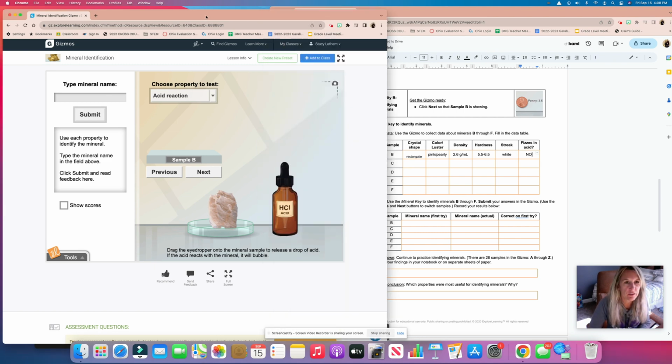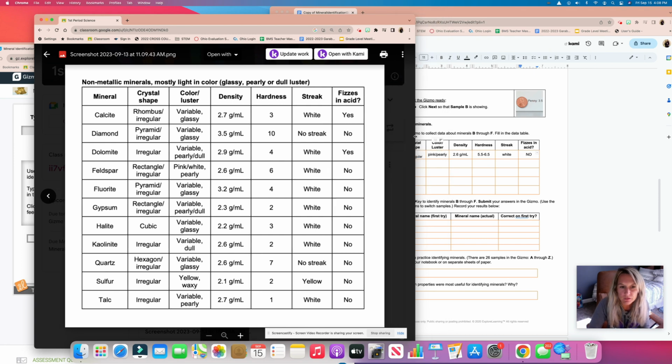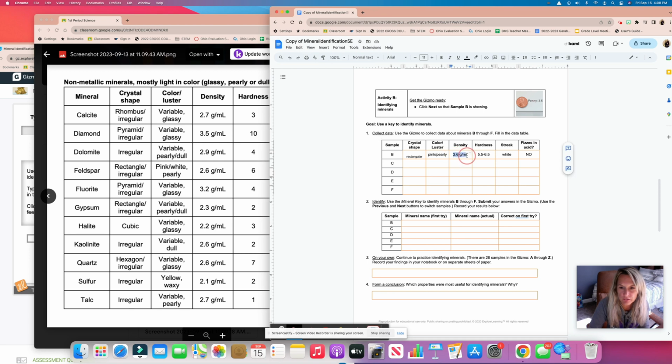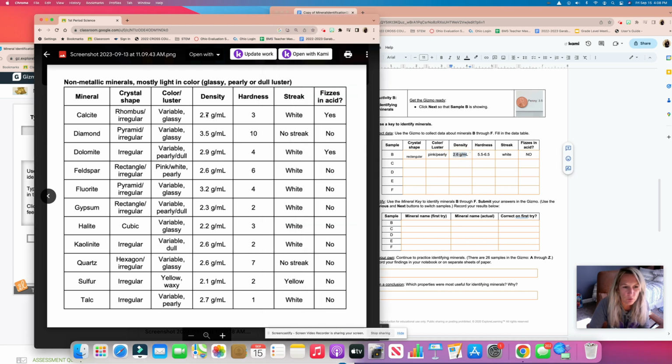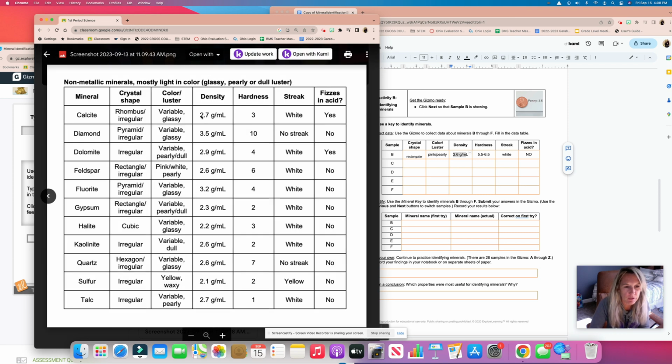All right, so then we're gonna go over here to our chart, and we're gonna first look at density. All right, so let's look for any that have a density of 2.6. I'm looking down. None on the first page, but here's one.